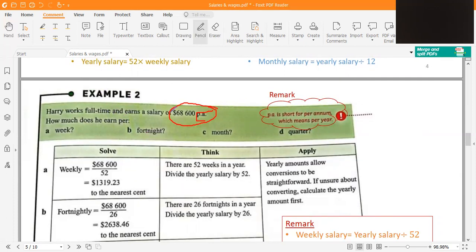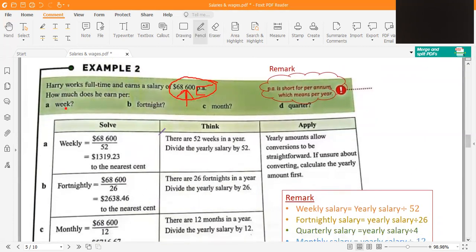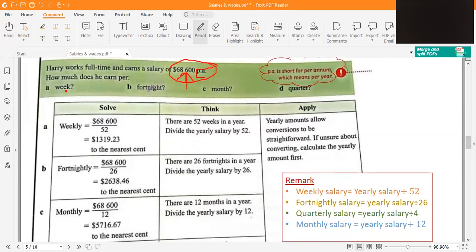In a year we have 52 weeks, so we divide the yearly salary by 52 to obtain the weekly salary. From the weekly salary we multiply by 2 to obtain the fortnightly salary, or we can divide the yearly salary by 26, because a year contains 26 fortnights.